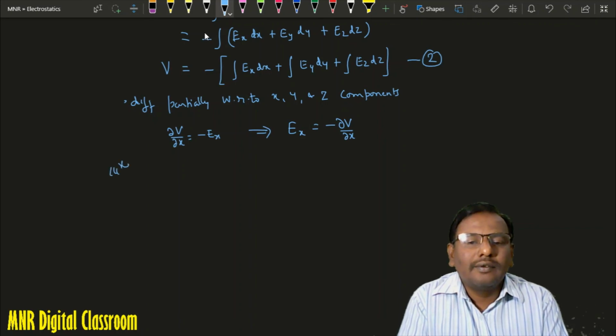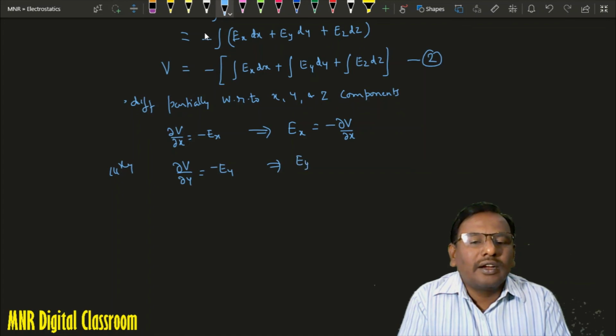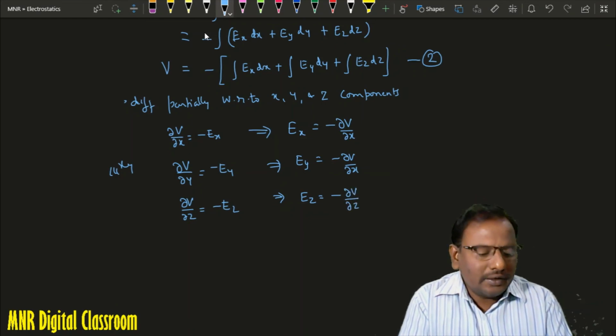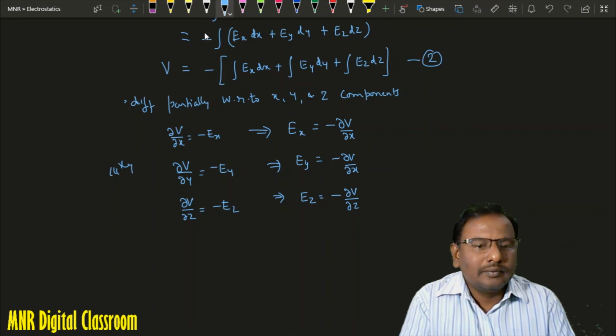Similarly, dou V by dou y is equal to minus Ey. This implies the y component of the electric field is equal to minus dou V by dou y. And dou V by dou z is equal to minus Ez, which implies Ez is equal to minus dou V by dou z. Sorry, there is a correction here. This is y.